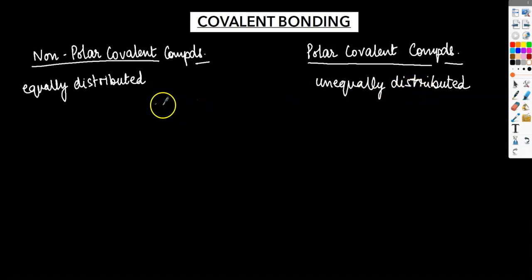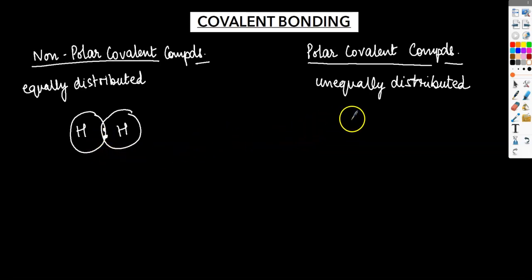For example, in the hydrogen molecule, the shared pair of electrons is equally distributed. While if we talk of HCl, what happens over here? Chlorine has 7 electrons in its outer shell and 1 it shares from hydrogen.